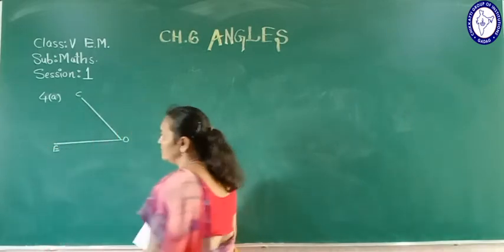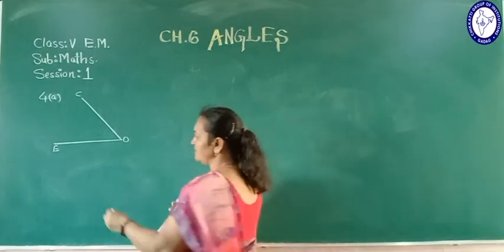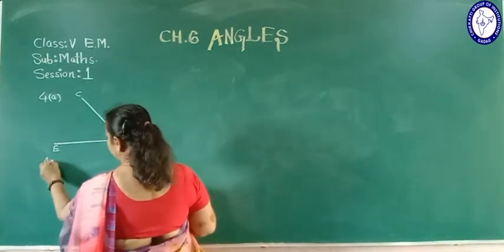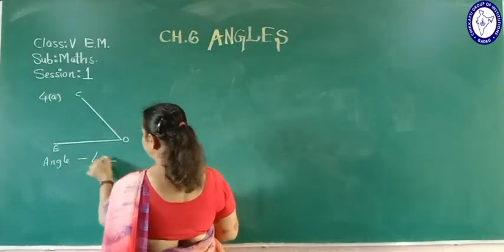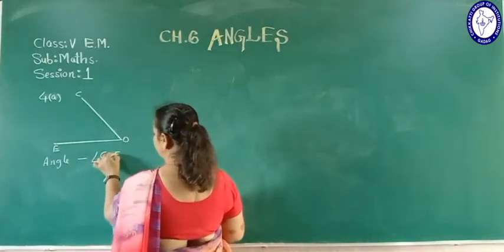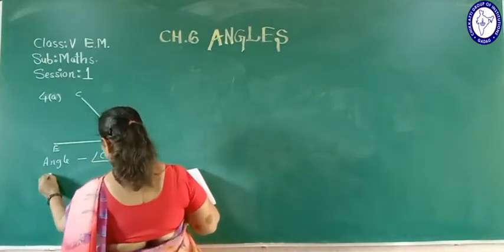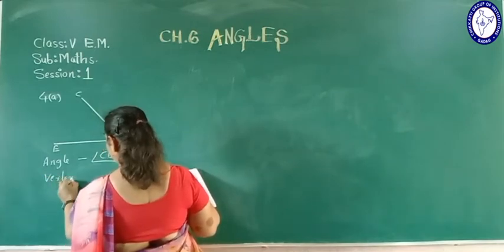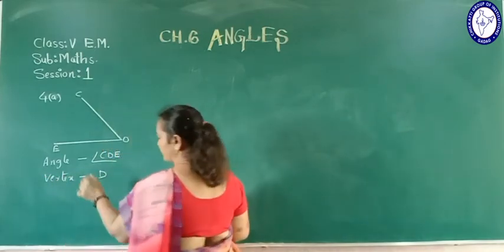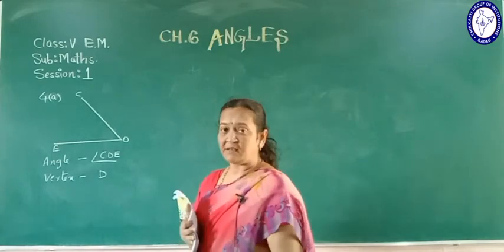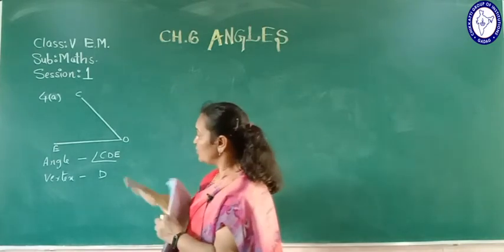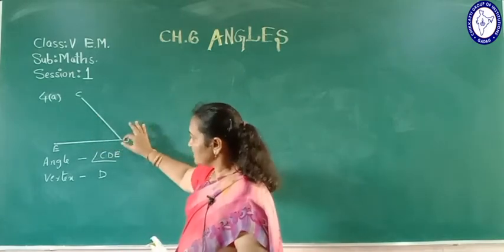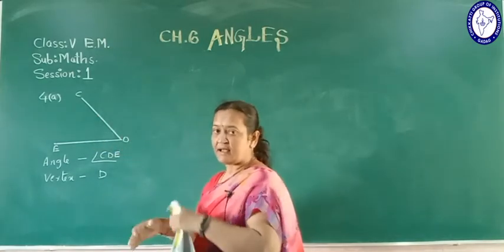So how do we name this angle? It is angle CDE. Then which is the vertex? Here the vertex is D. The middle letter is the vertex, or where both arms meet together is called the vertex of the angle.